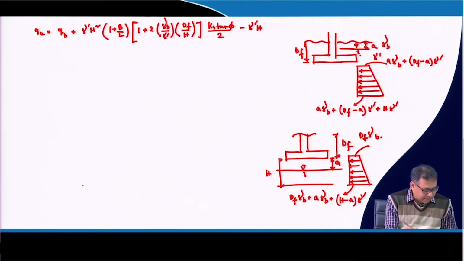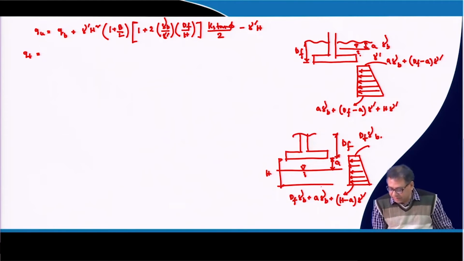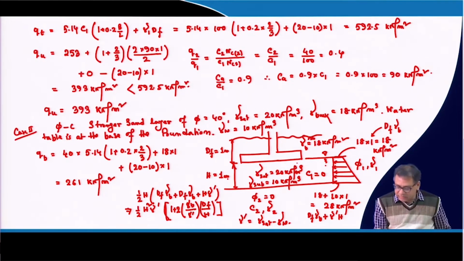Now, I will calculate the gamma top, which is this clay layer. So, gamma top will be the top layer, the initial portion. Suppose it is resting in this soil. The soil above the base level is bulk.